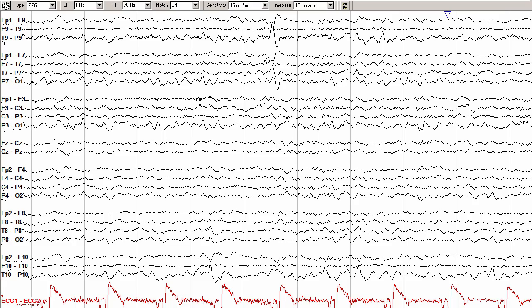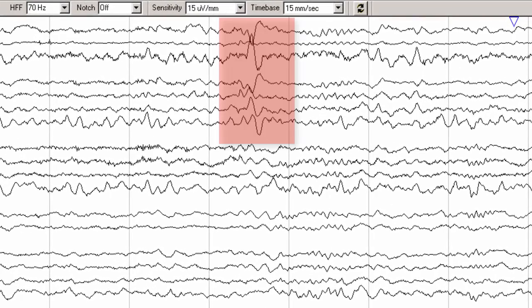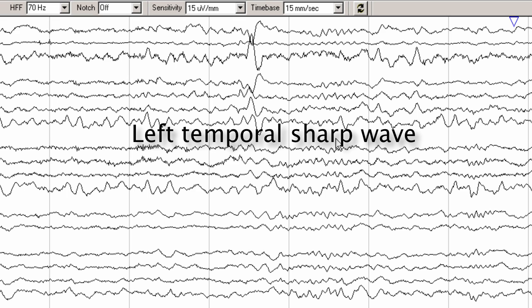I have moved the most prominent abnormality towards the center of the page, and you can see it here in the left temporal and inferior temporal region. This is a focal left temporal sharp wave.